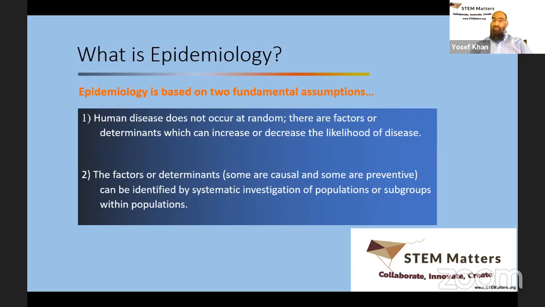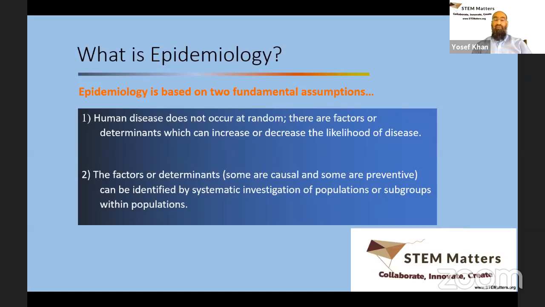The field itself is based on two fundamental principles. Number one, that human disease does not occur at random, that there are factors or determinants which increase or decrease the likelihood of disease. And number two, that those factors or determinants, some are causal in nature, some are preventative, and that those factors and determinants can be identified.